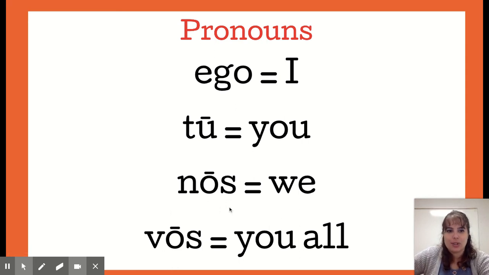We technically introduced you guys to all of the verb forms, maybe a little bit ahead of where the textbook does. But these pronouns will help clue you in to your subject. Again, pronouns in Latin are not really necessary. They're a little redundant just because the endings of verbs already tell you who's doing it.